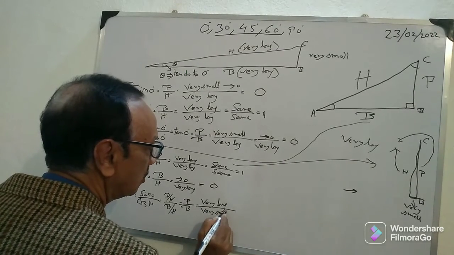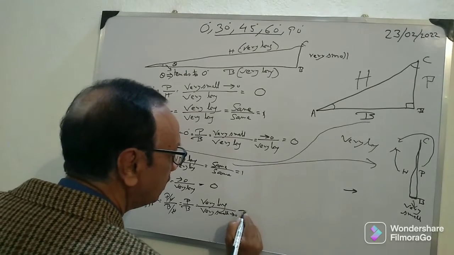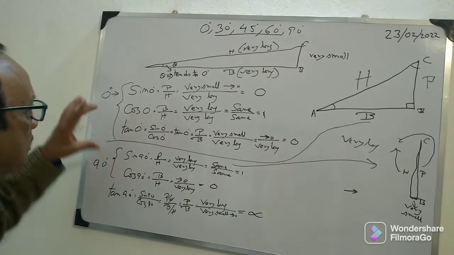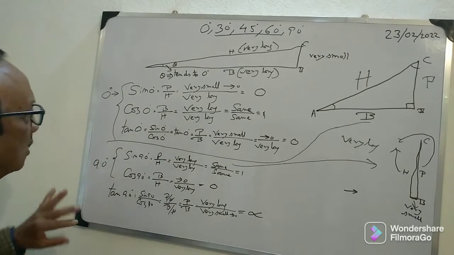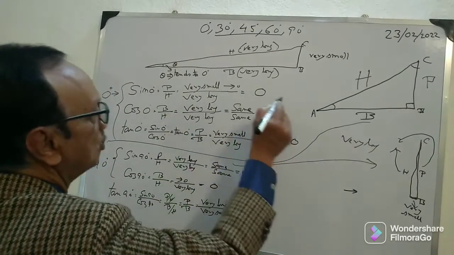That means very big by very small, almost 0 towards 0, then it will be infinity, very big. Can you understand?